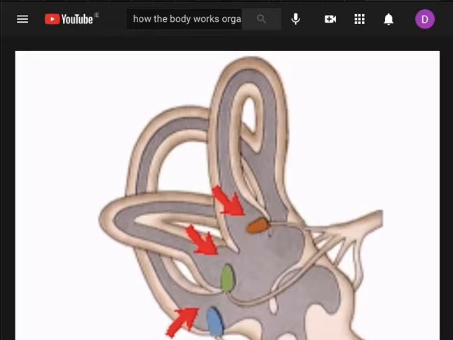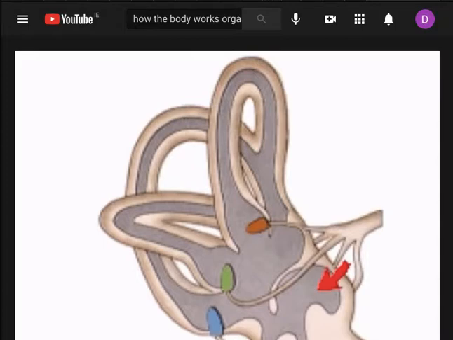In the base of each semicircular canal are hair-like receptors. Any movement of the head causes the fluid within the canals to move and so stimulate the receptors to send information to the brain about the direction of the particular movement that has occurred. The utricle and saccule contain receptor cells with tiny stones of calcium carbonate, otoliths.